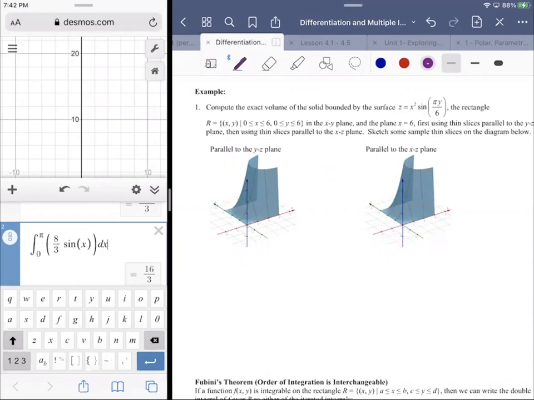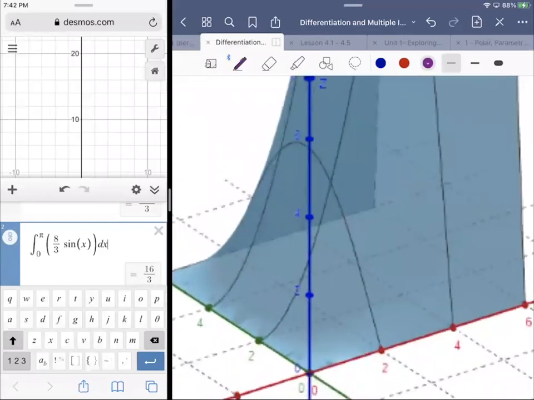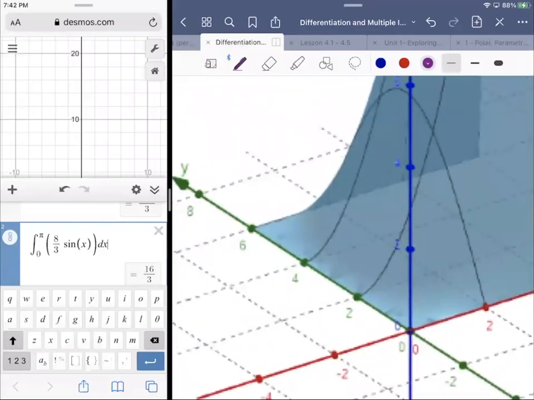Now the R, that's a weird way of saying that it's over a square base region, right? So if I look closely, it's easier to see in digital form, but you can see that along the y-axis we're going from 0 to 6.